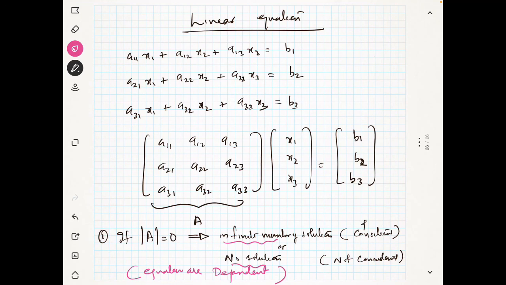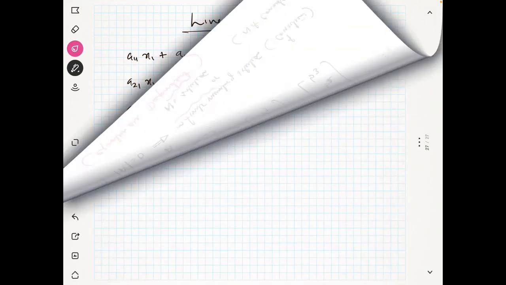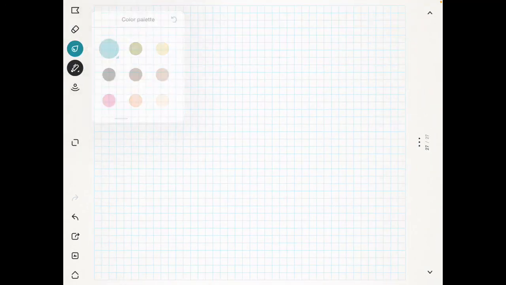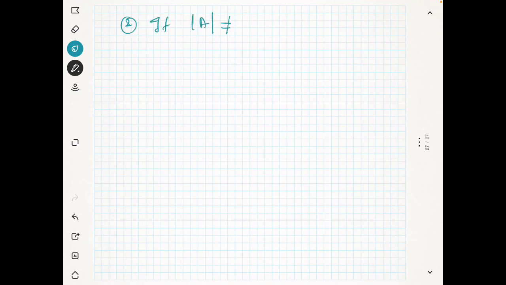Now we will see what is the situation if determinant of A is not equal to 0. But before that I will clarify the first point.